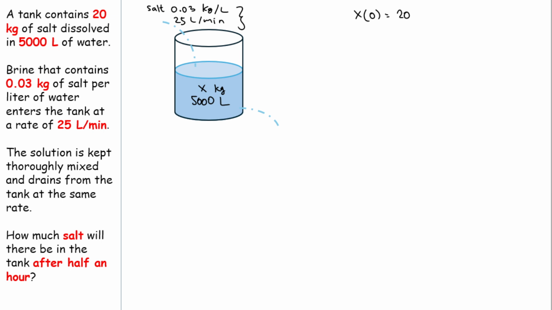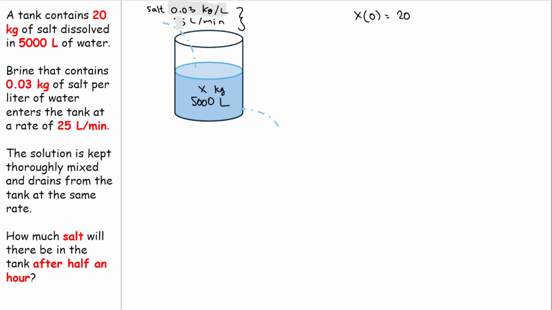We can just multiply these, 0.03 multiplied by 25, and the liters cancel. That will be 0.75 kilogram per minute. That is the rate of the salt going in.